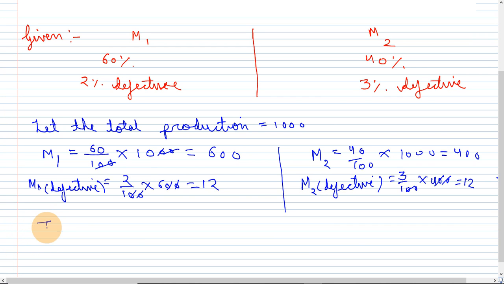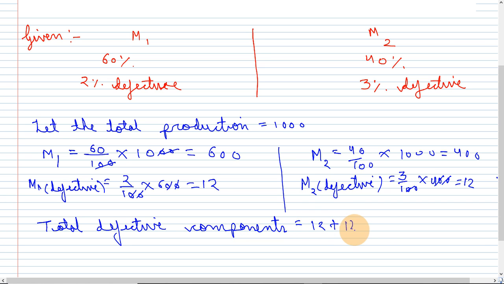The total defective components is 12 plus 12, which is 24.